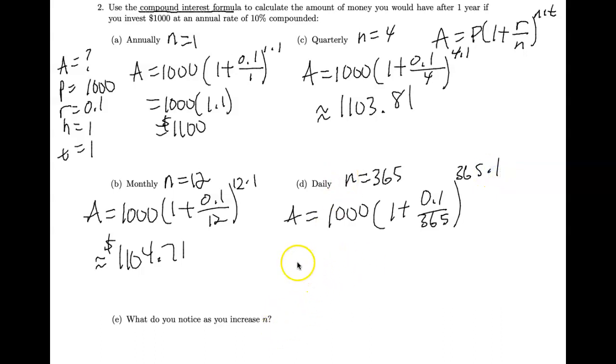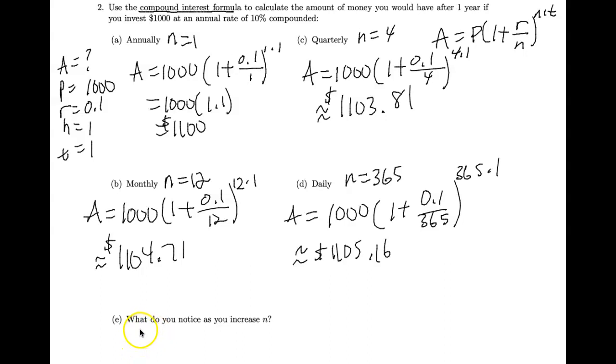And again, just punching this in our calculator, I'm going to end up with, let's put some dollar signs, $1105.16. So my ABCD is not quite in order.